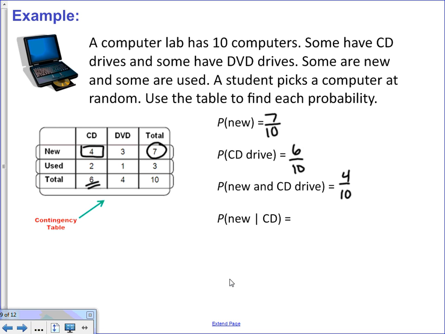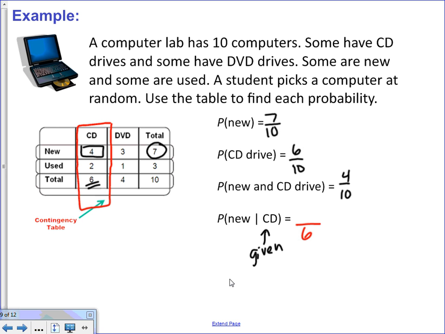Now here's where we get to conditional probability. What's the probability it's new given that it has a CD drive? How many computers have a CD drive? 6. So that's our total that we can choose from. Okay, we're given that it has a CD drive, so we're choosing from those 6.